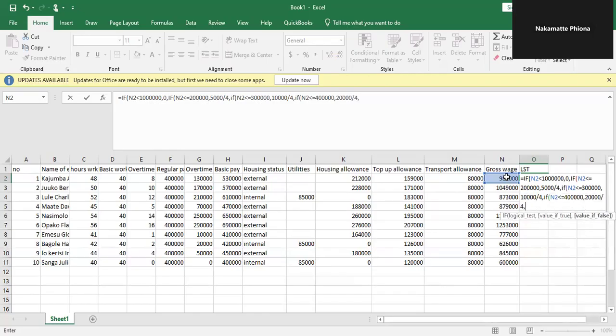If gross wage less or equal to 500,000, 30,000 over 4. If gross wage less or equal to 600,000, comma 40,000 over 4.